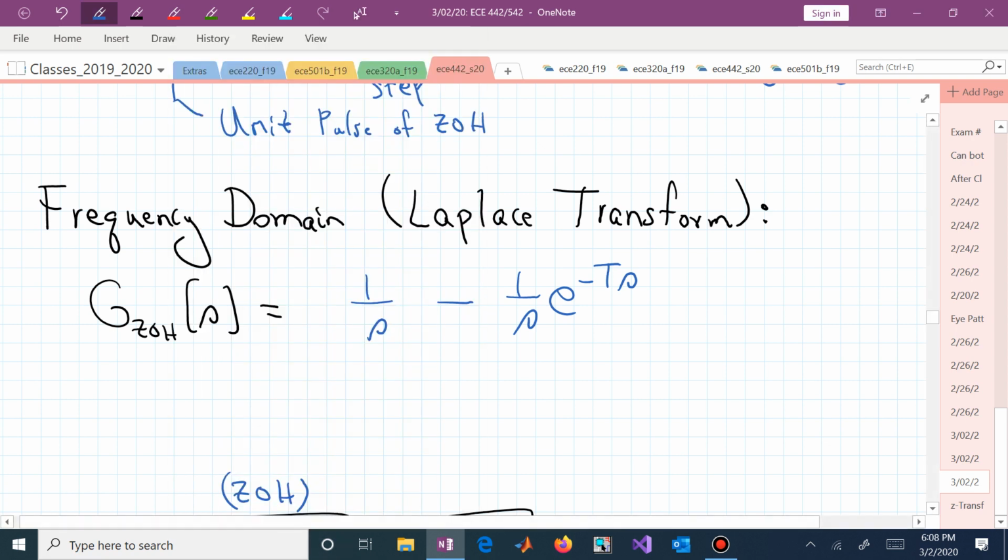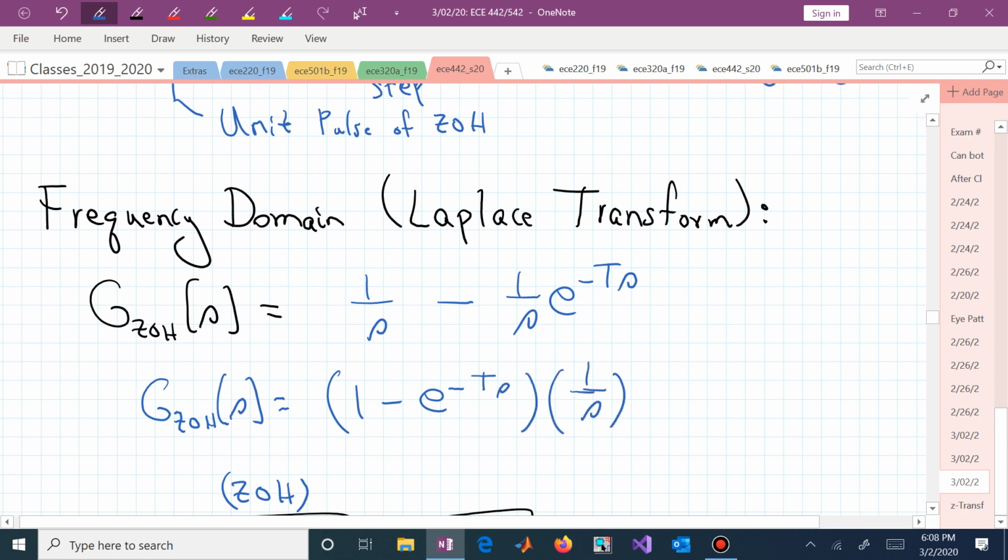Or we can now factor out a common factor, which is 1 over S, and we have 1 minus e to the minus TS times 1 over S. Or we could say, oh, the S is in the denominator, and upstairs we have 1 minus e to the minus TS.